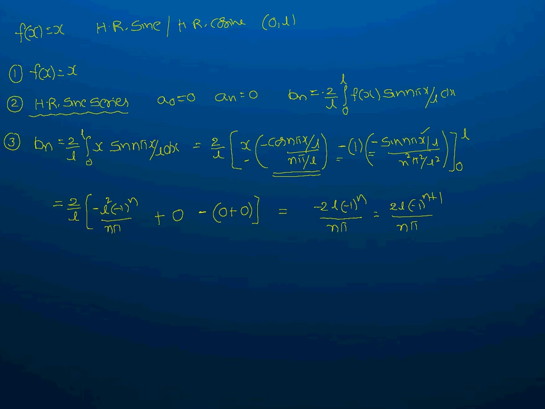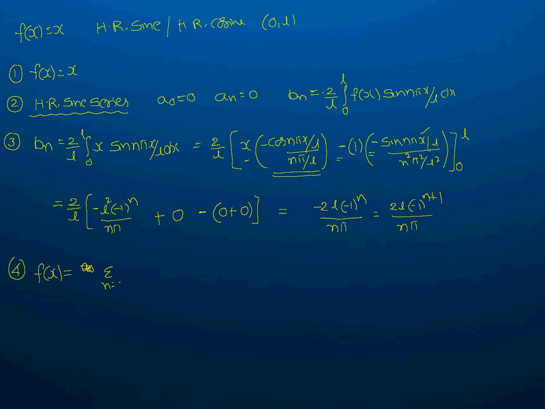So you substitute the a naught, an and bn values in the Fourier series. Therefore, f of x is equal to a naught by 2.